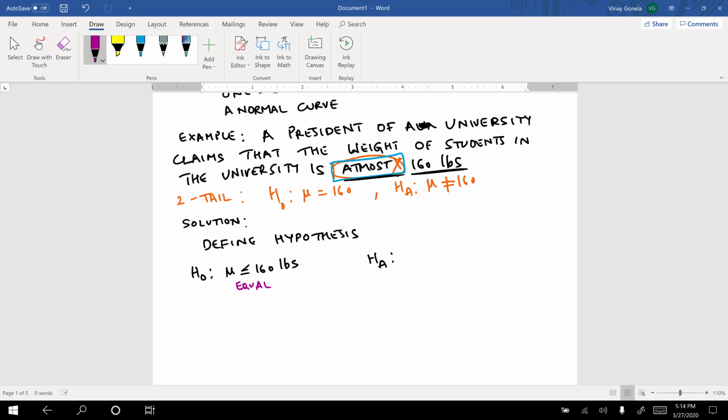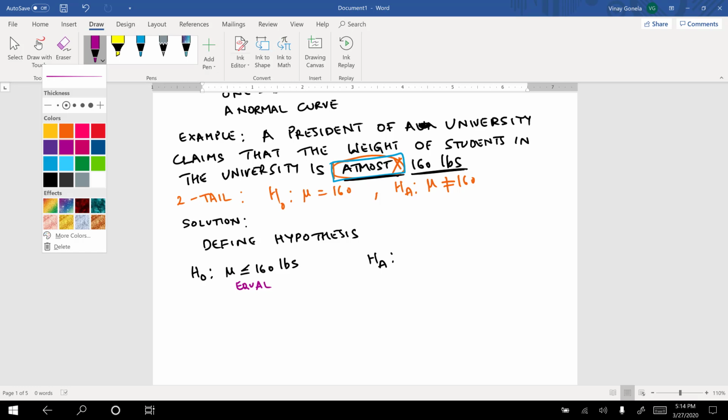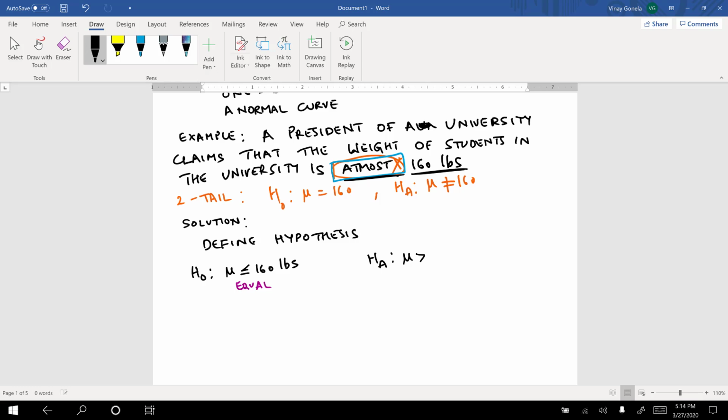Less than or equal to 160 includes 160. And the alternative would be mu greater than 160 pounds.